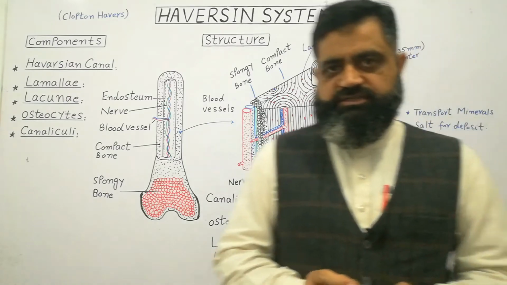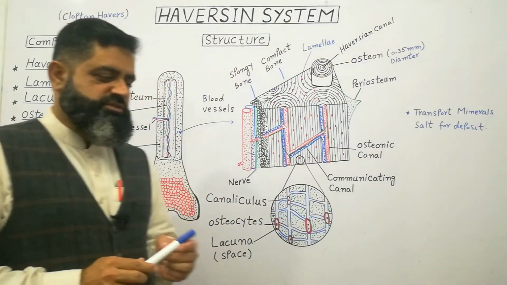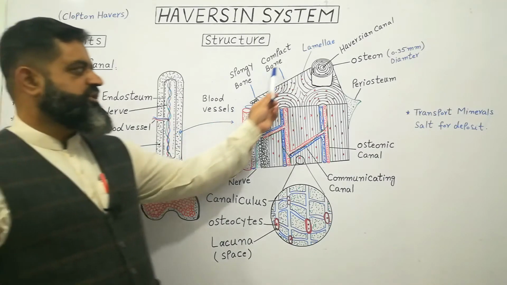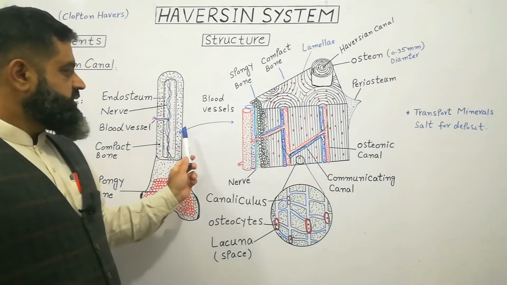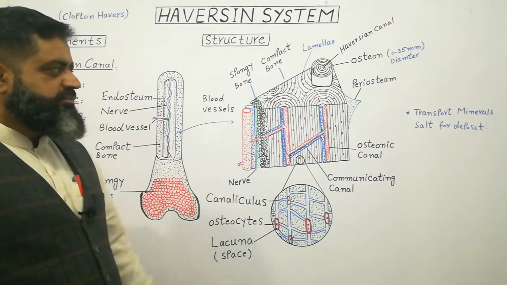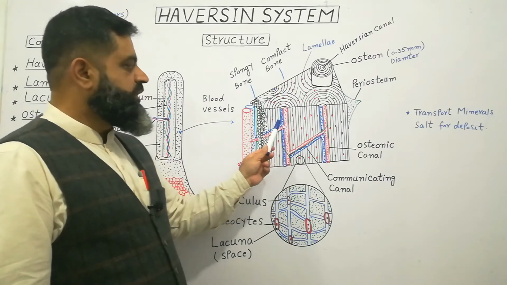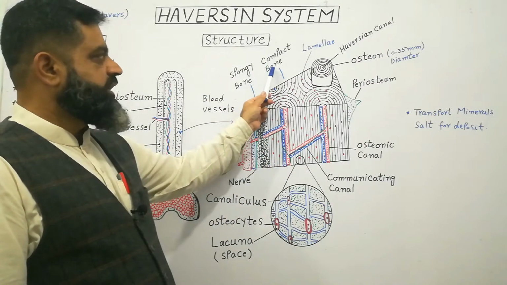To completely understand the Haversian system, I have taken a cross section of compact bone, as you can see in this diagram. This is a small piece taken from a compact bone. This compact bone contains two parts, spongy bone and compact bone.